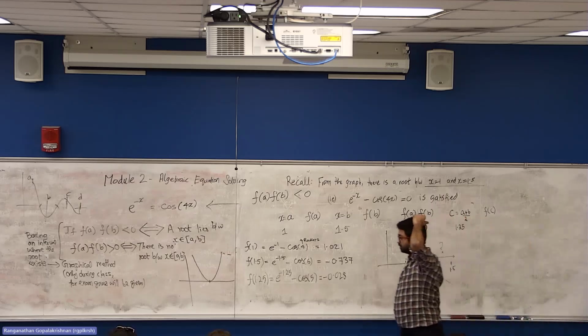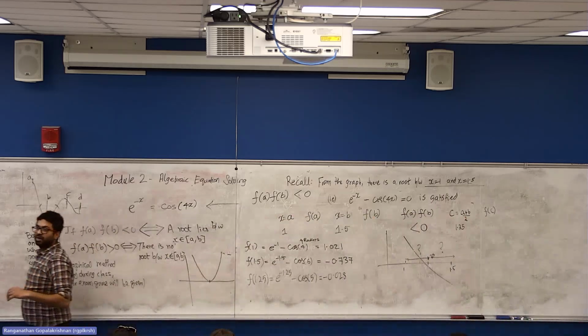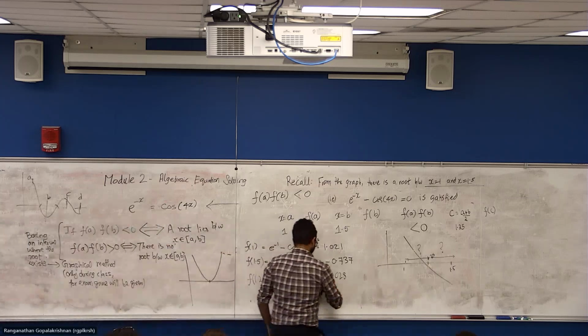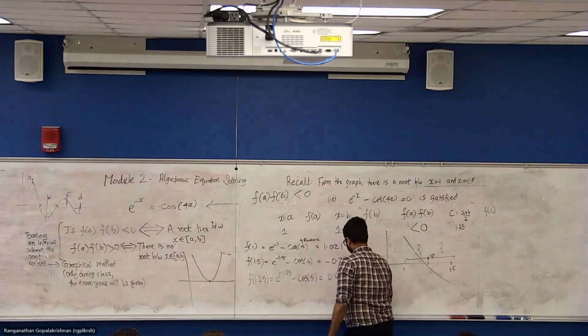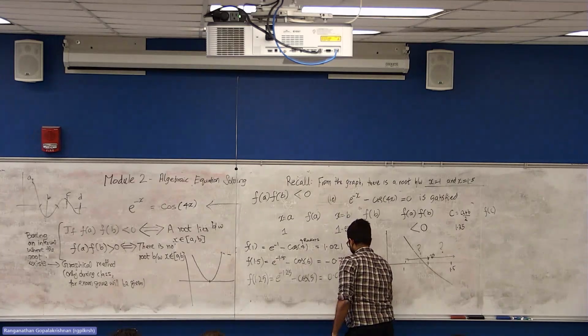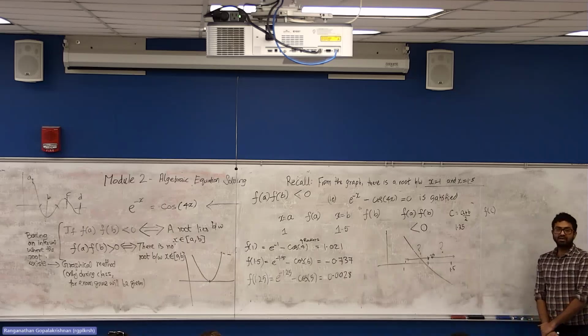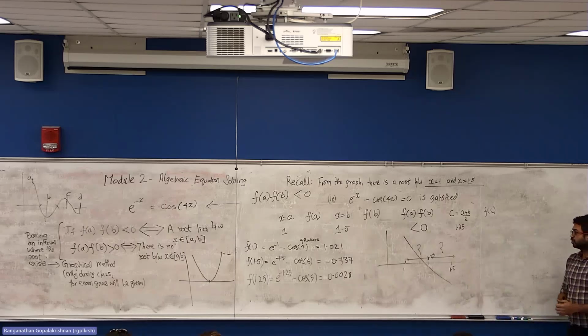We need a tiebreaker, please. 0.0028. Okay, I'm just going to use an Excel sheet to tell me. 0.0028, positive. Yeah. Okay. So what do we do next?